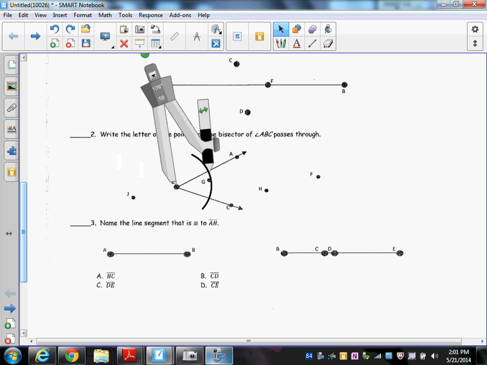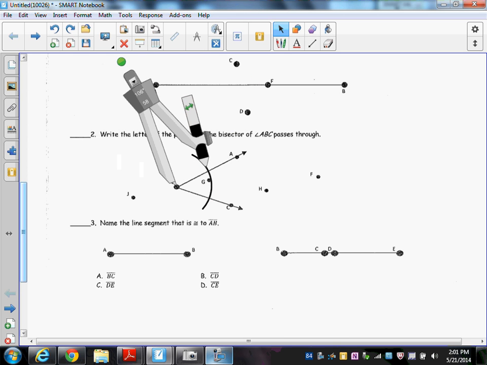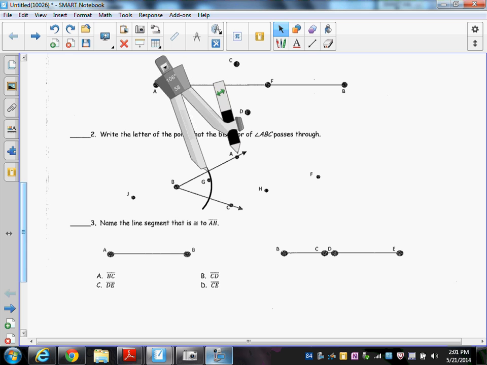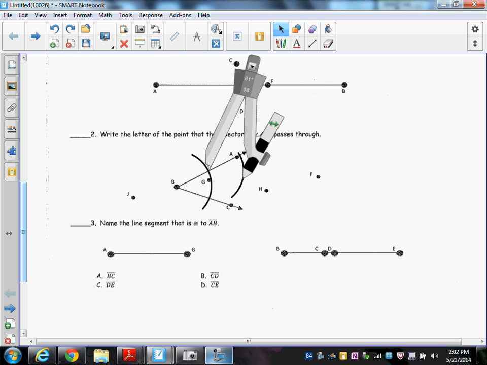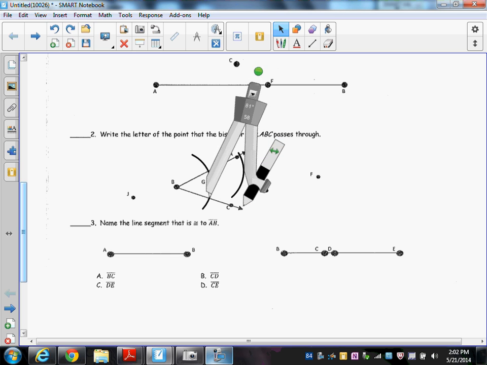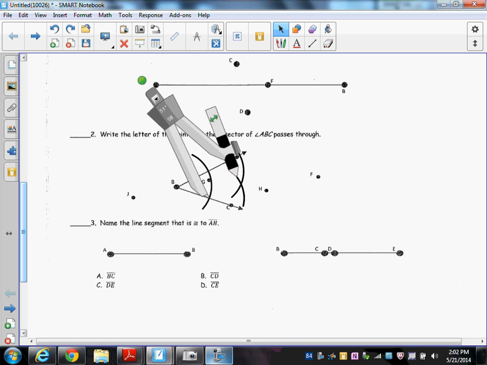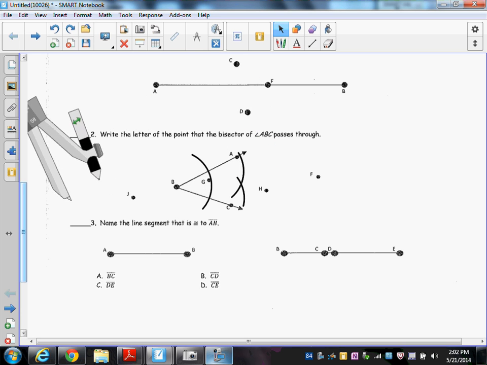So the first thing I'm going to do is go through both lines that make up the angle. And I'm going to come up here and make another mark, go down to the other point where the line intersected the other ray, make a mark there.